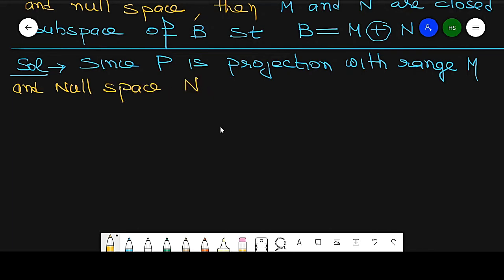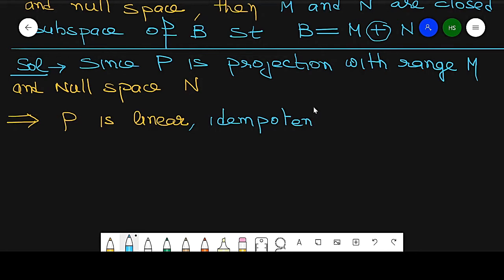So that is given: if P is a projection on Banach space B with range M and null space N, it means by definition P is, number one, linear because it is a transformation, number two, idempotent, and number three, continuous.